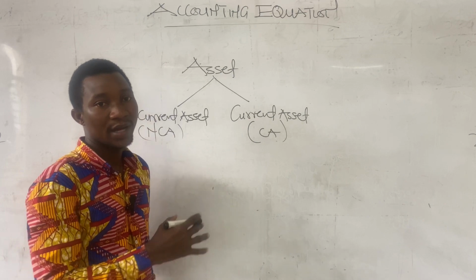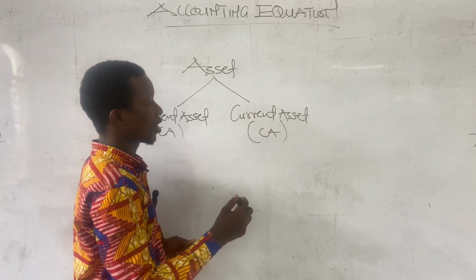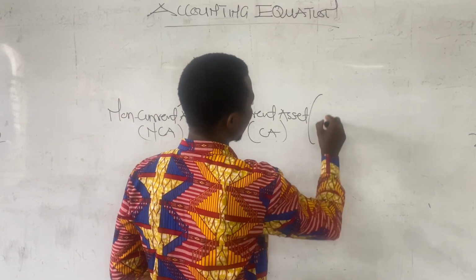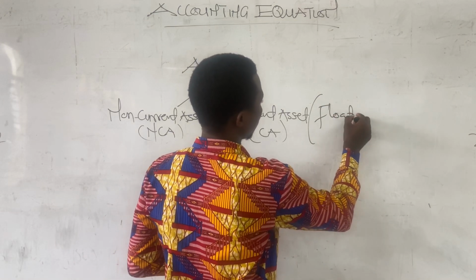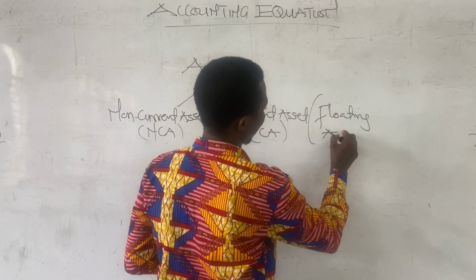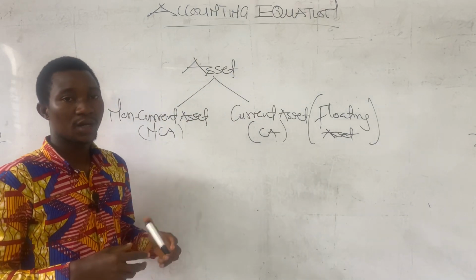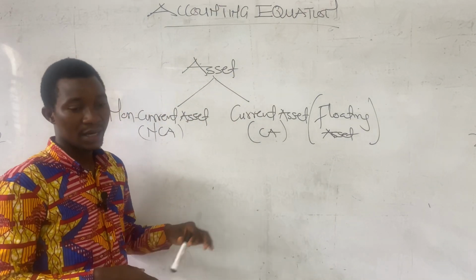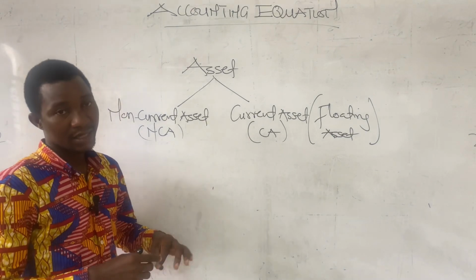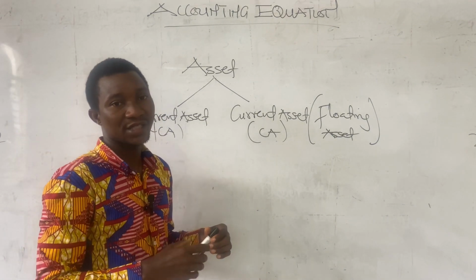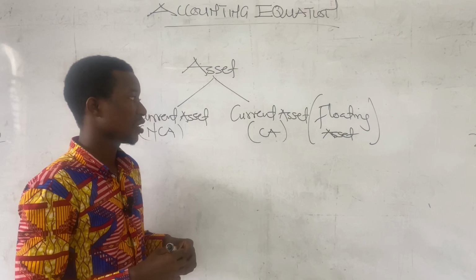Another name for a current asset is a floating asset, because it is used for business operation and can easily be converted into cash. Is that okay?